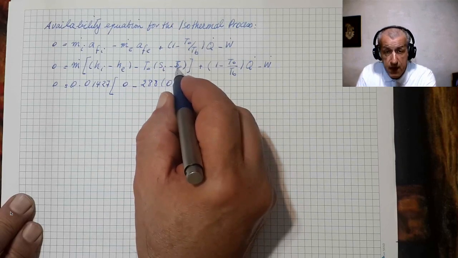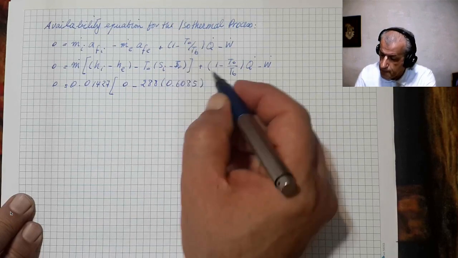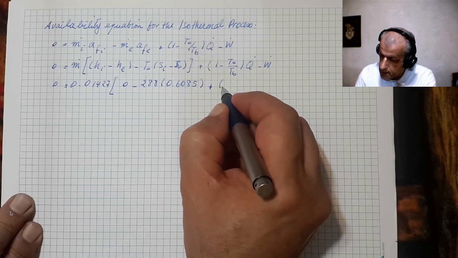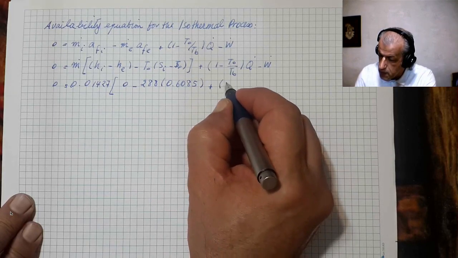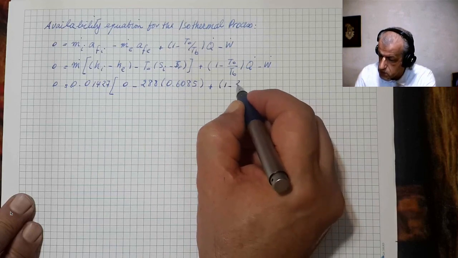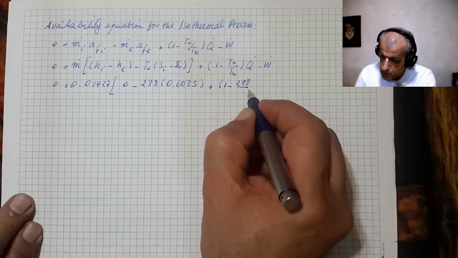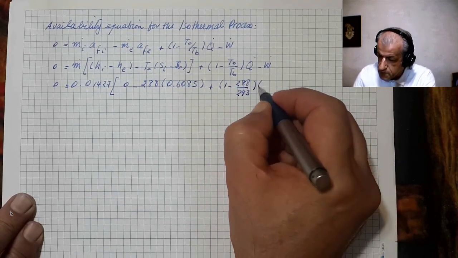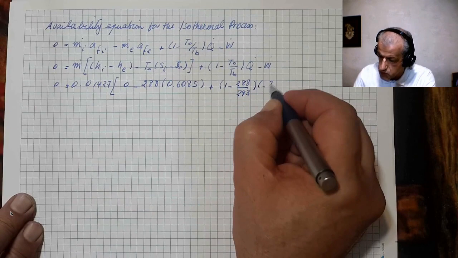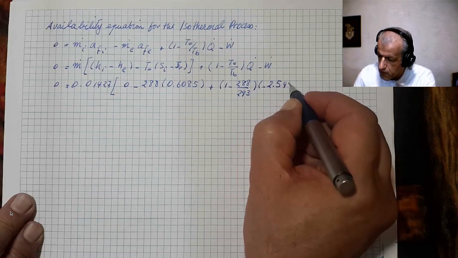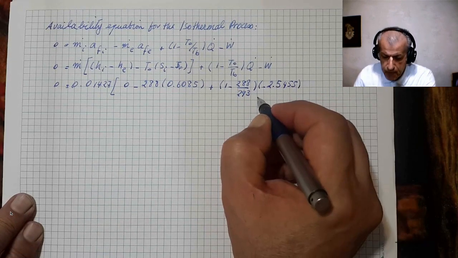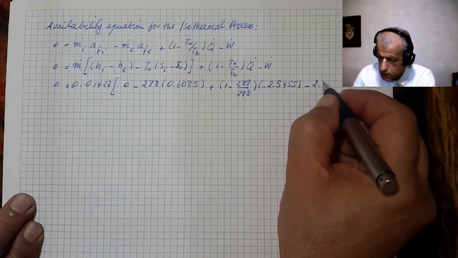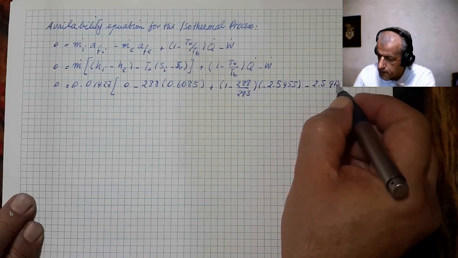This is the change of specific entropy, and plus 1 minus T0, which is 288, divided by 293 times Q dot, which is minus 2.5455, and minus W dot, which is minus 2.5415.